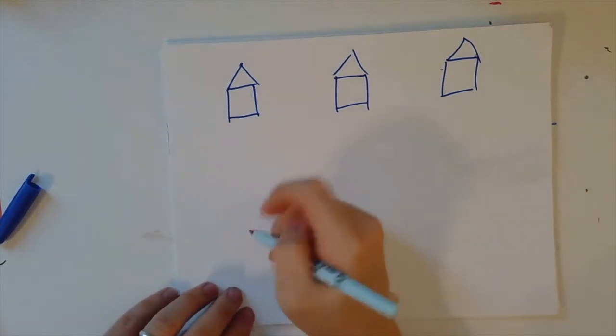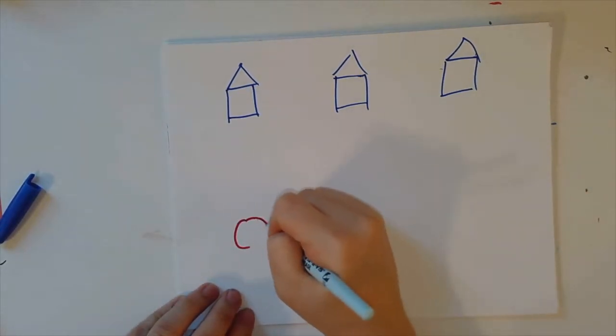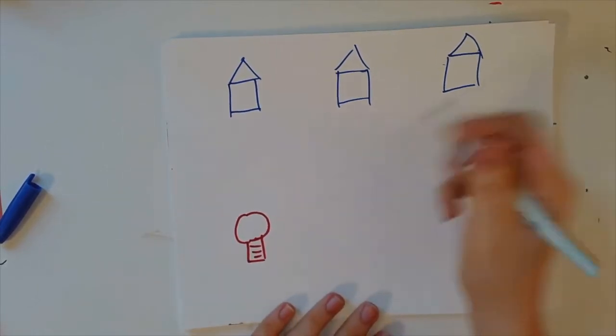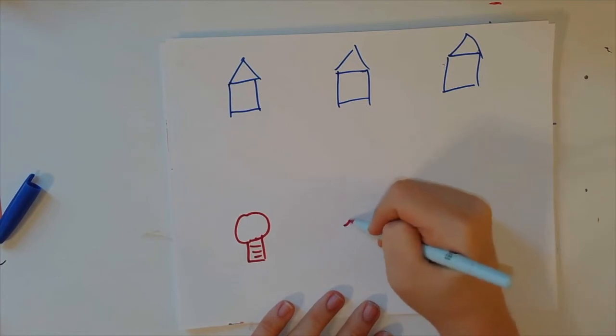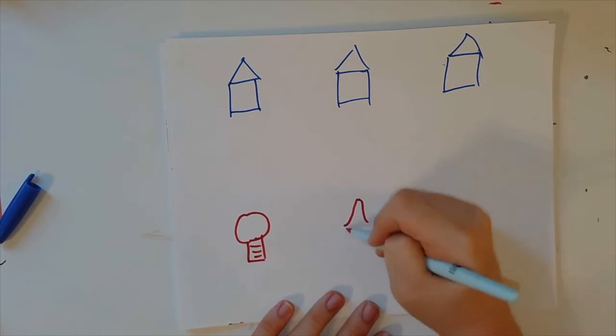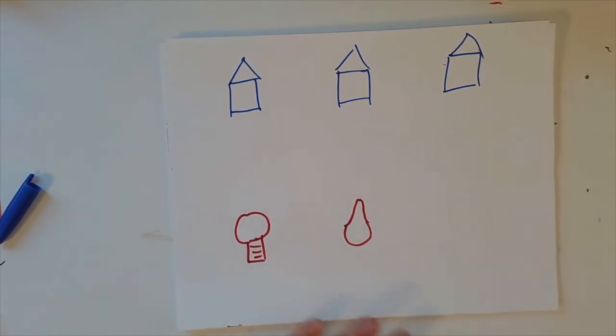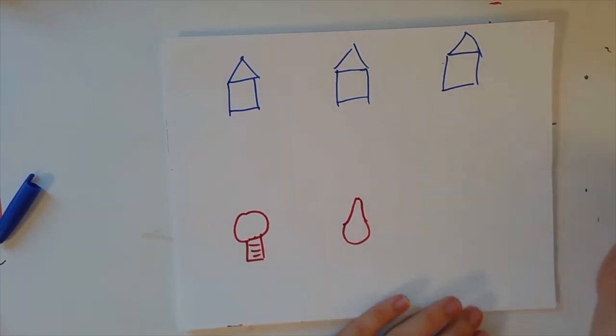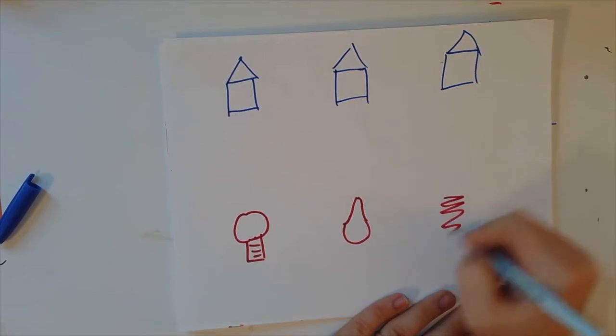So we have the power company, we have the water company. I'll attempt to draw something that looks like water, even though I'm drawing it in red. Okay. And then we have the sewage company, or whatever. I'm not going to draw a picture for that. You can imagine what that looks like.